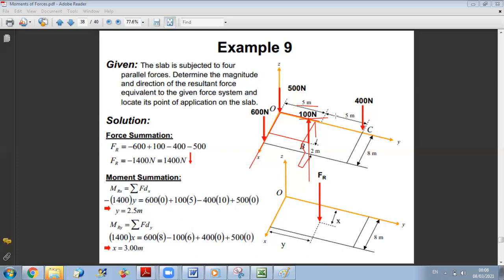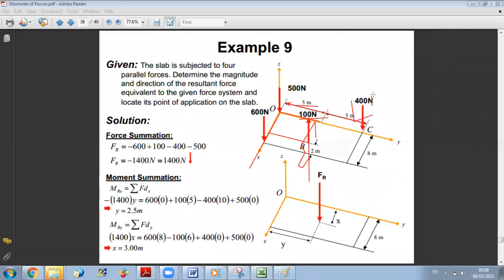Now, for the second force of 400 Newton, the distance is the perpendicular along y, which is 10 meters. And if you do now the right-hand rule, you will see that it is a negative moment, because the force is opposite to the other one and from the same side of x.